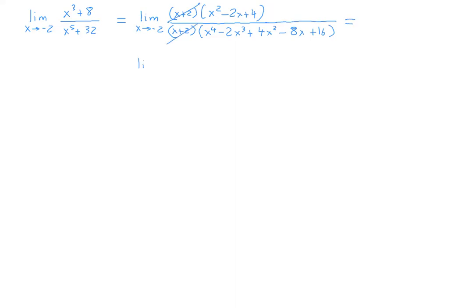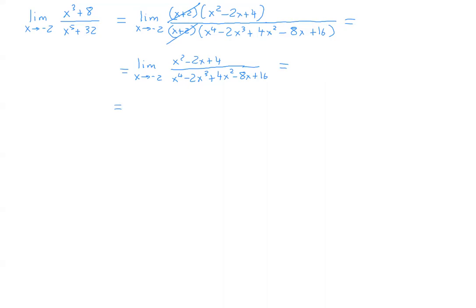And this will be the limit as x tends to negative 2 of x squared minus 2x plus 4 over x to the 4th. We could have skipped this step and just go directly to plugging in, but let's write it once and see it. And now I can plug in, and hence I can skip the limit notation.